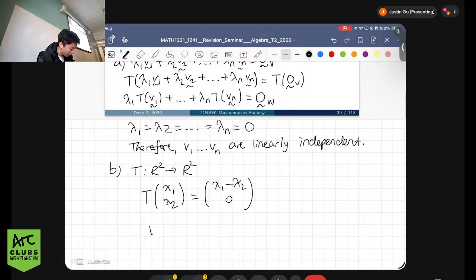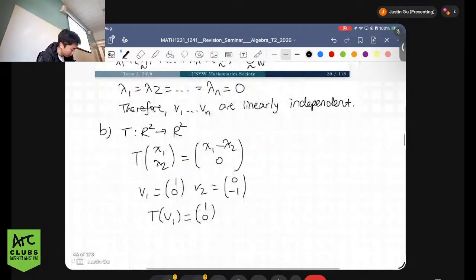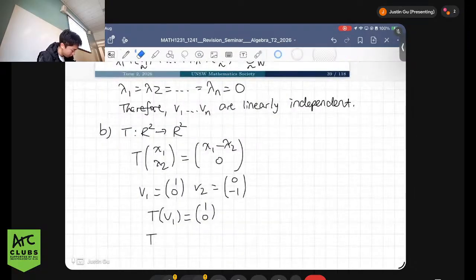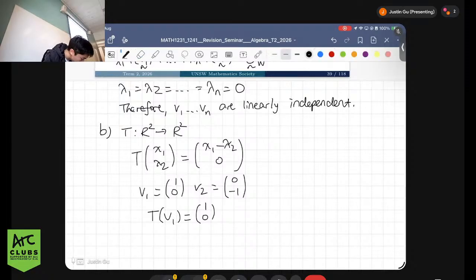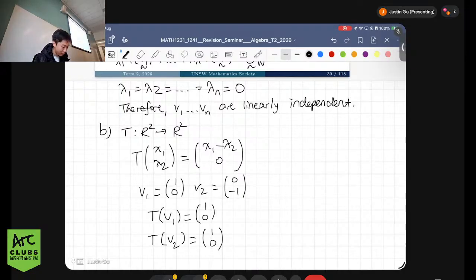And then we have our vectors v1 equal to (1, 0), and v2 equal to (0, minus 1). You take a look and you realize that T of v1 is equal to (1, 0), and T of v2 is also equal to (1, 0). So you have two vectors that give you the same vector, so their images are equal.